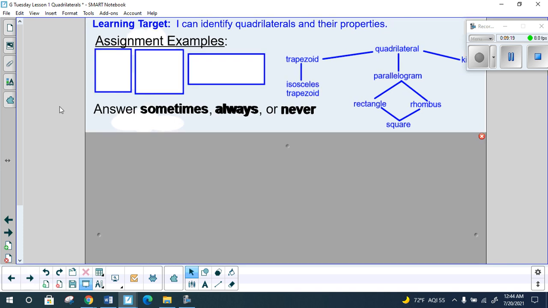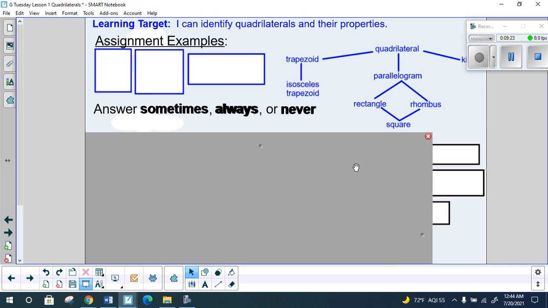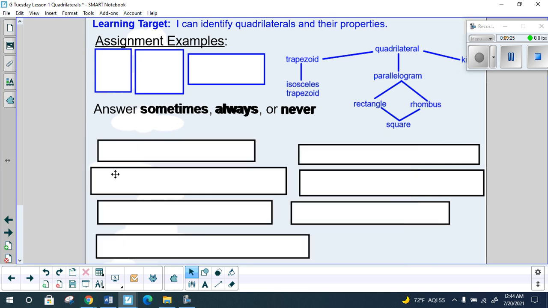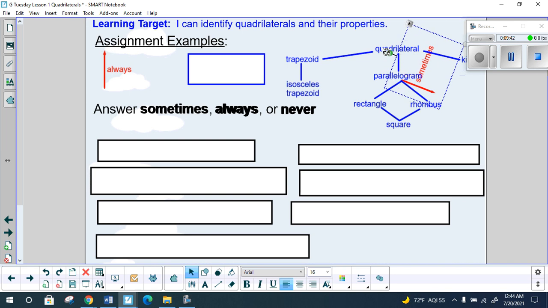Then the other ones are going to have you put in the words sometimes, always, or never. So I kind of want to go through that idea here, knowing that we said always goes up all the time. It's sometimes if it goes down on the same branch. Like if I'm going down the branch of quadrilateral, it's going to be sometimes.